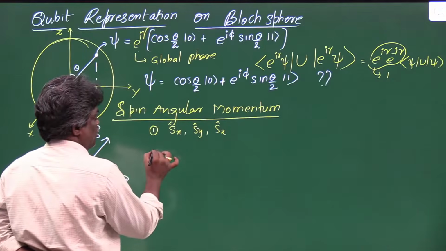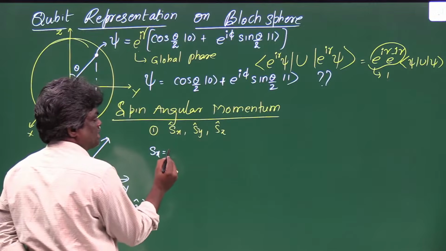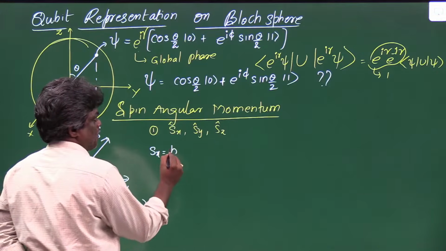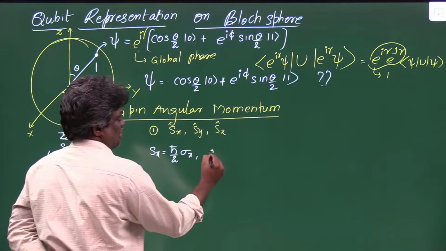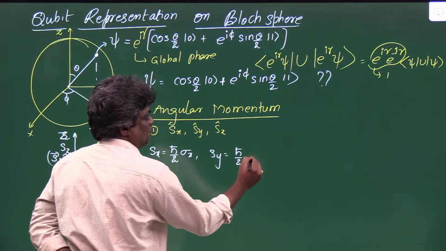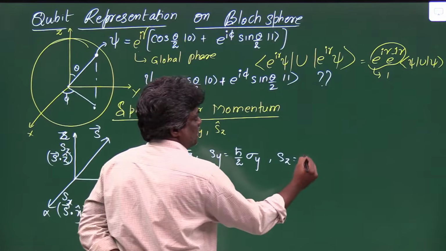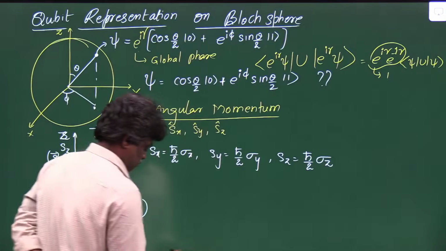Right. Now I hope you remember, I think you have seen Sx somewhere. What is the matrix corresponding to Sx? H cross by 2 times the Pauli matrix. Sy is nothing but H cross by 2 times the Pauli matrix sigma y. Sz is nothing but H cross by 2 times the Pauli matrix sigma z.